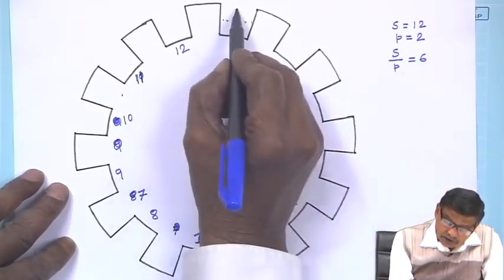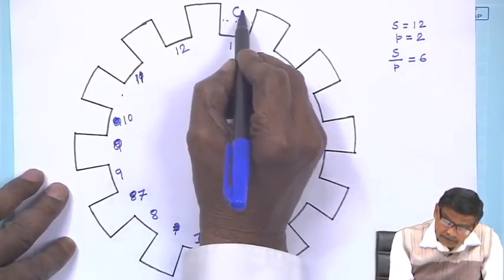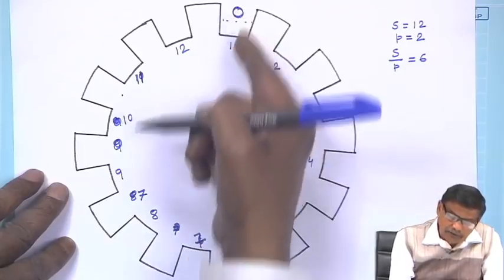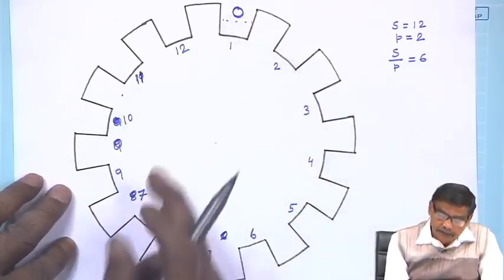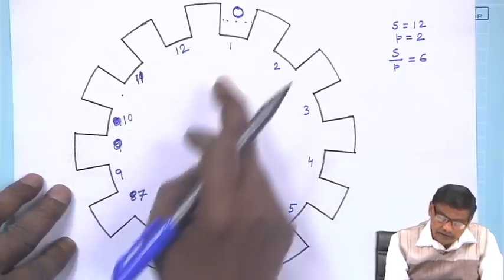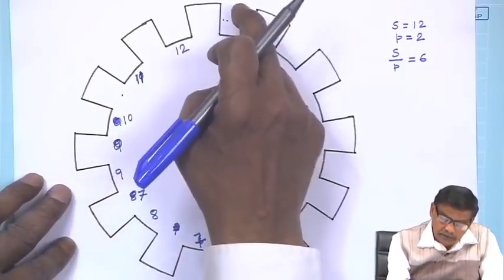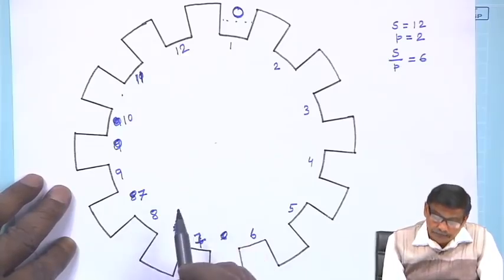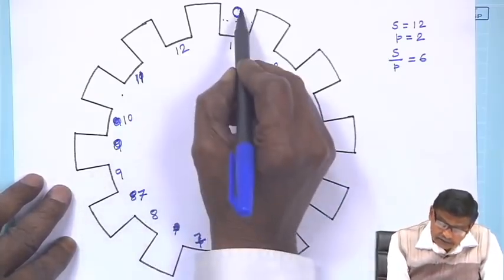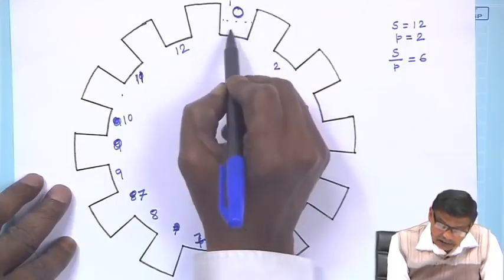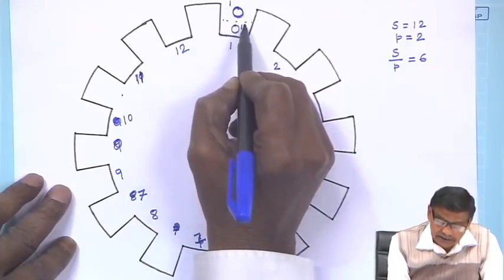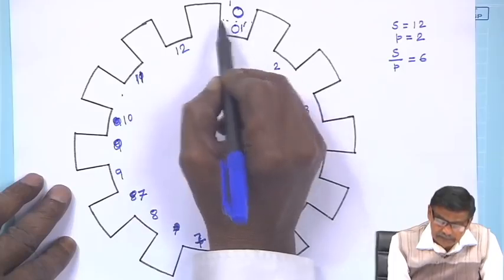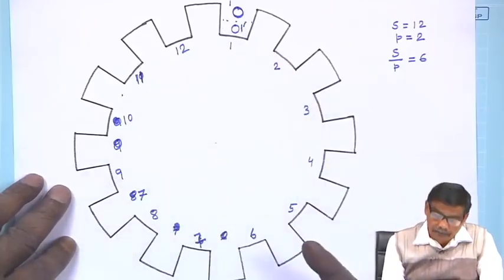The coil sides, whoever will be present, will be numbered by the slot number. So, any coil side here will be called 1. Only thing is, the upper one I will call 1 and the lower one I will call 1 dashed. That should be remembered.